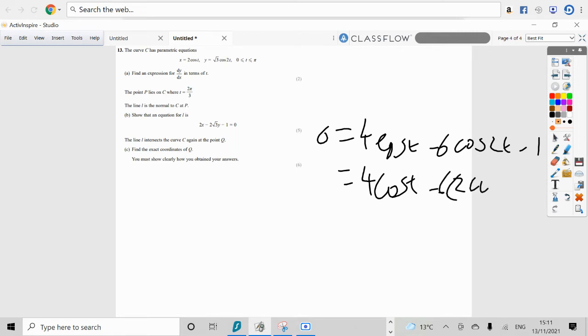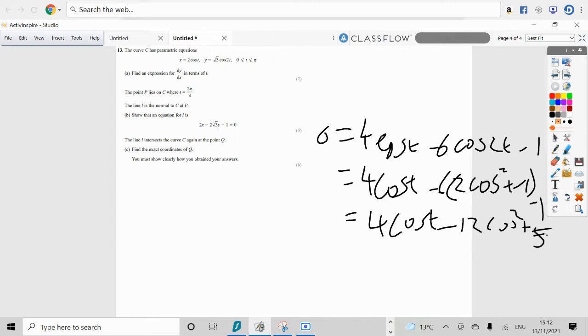Now I'm going to use the 2 cos squared t minus 1, take away 1, which is 4 cosine t. That'll be minus 12 cos squared t once multiplying out the bracket, minus 6, and that's plus 6 minus 1, which is plus 5, like that.